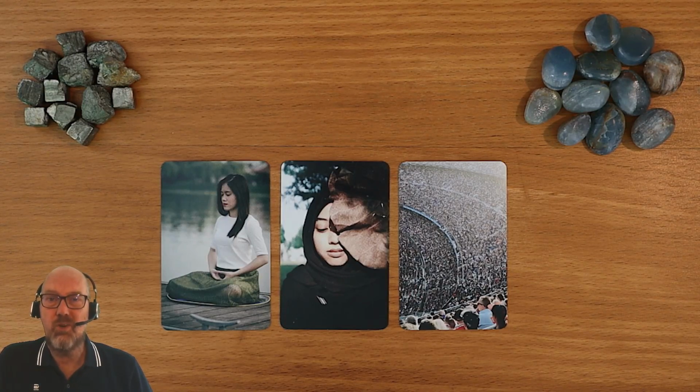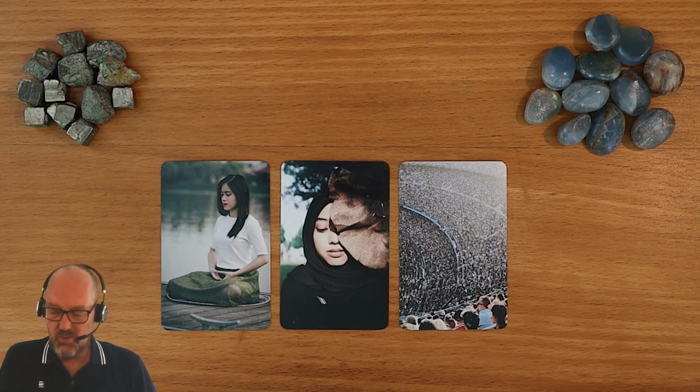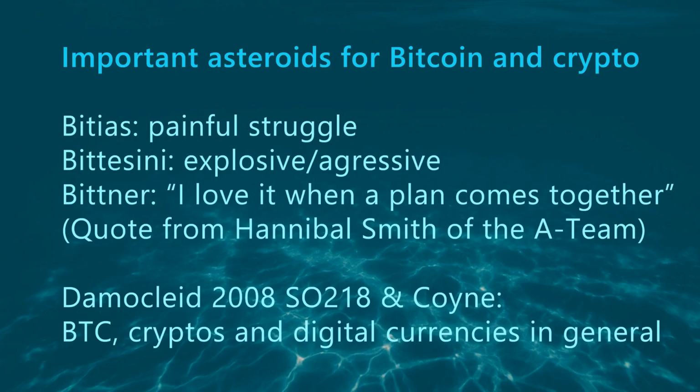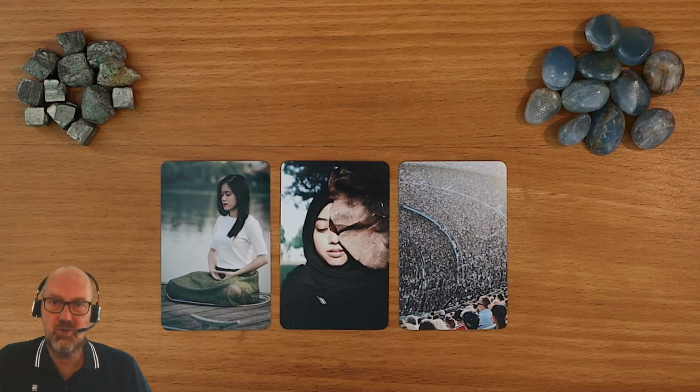To paint a picture of how many asteroids there are, I want to give you some examples. First, I want to look at the name asteroids for Bitcoin. If you've seen my previous videos, you know I always start with name asteroids because the concept is very simple. In the case of Bitcoin, you can really see how the association of a certain name with the idea of Bitcoin is made.